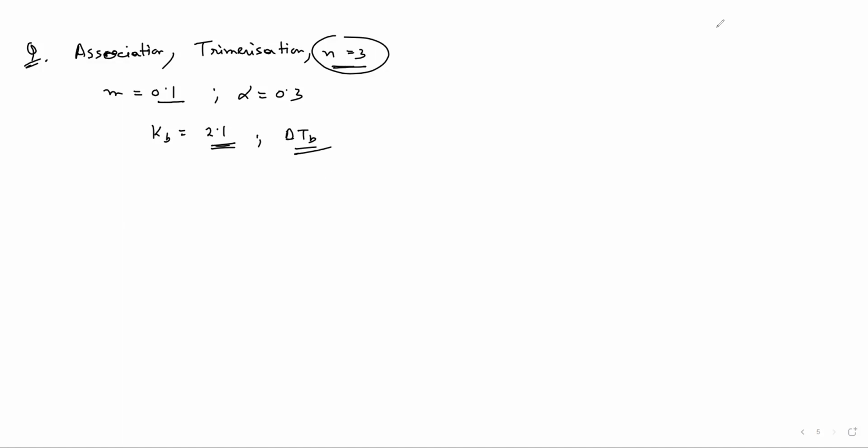Giving you just 2 minutes time. All the things are given. Formula is ΔTb equals i into Kb into m. Molality is given, Kb is given, and the i value you have to find. Trimerization is happening. We all know i equals 1 minus (n minus 1)/n into alpha. From there you can find the i value.